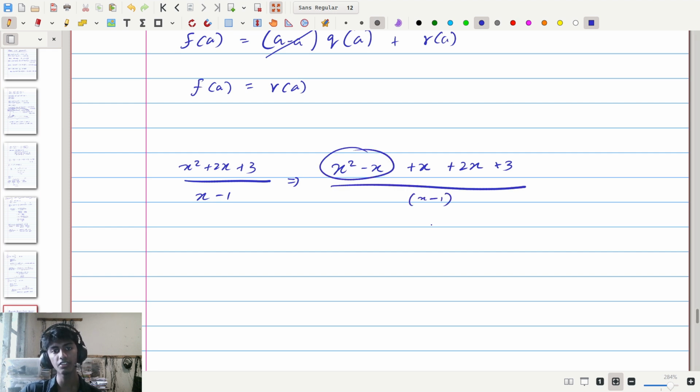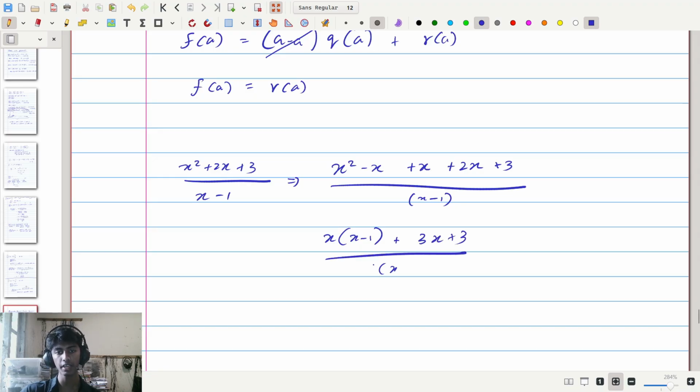In this case, this x squared minus x factors out an x minus 1, which means we get x times (x minus 1), plus here we have 3x plus 3, divided by x minus 1. This will give us an x on the outside, plus another 3x plus 3. Now, to get rid of this 3x plus 3, we have an x, so we have to multiply the x by 3, which means we have to multiply the whole thing by 3.